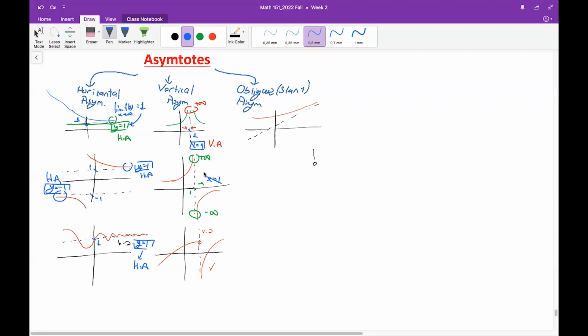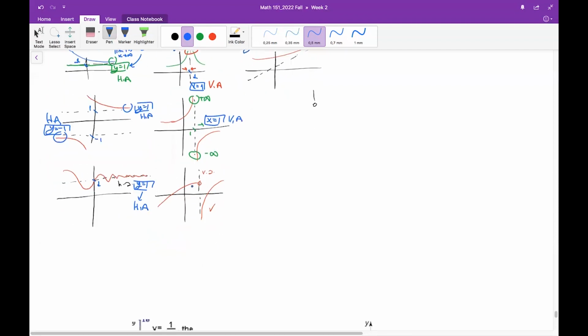And there is also this case. On one side, there won't be any plus or minus infinite values, but on just one side, let's say this point is 1, as x goes to 1 from the right, this limit is what?